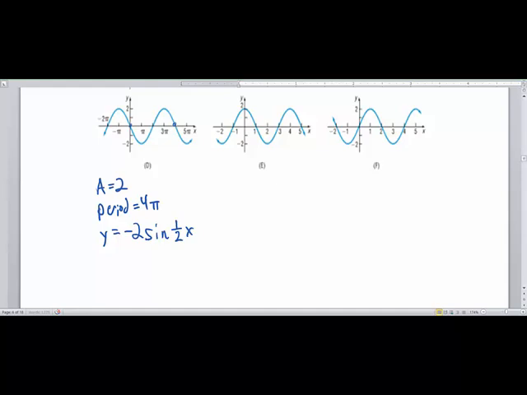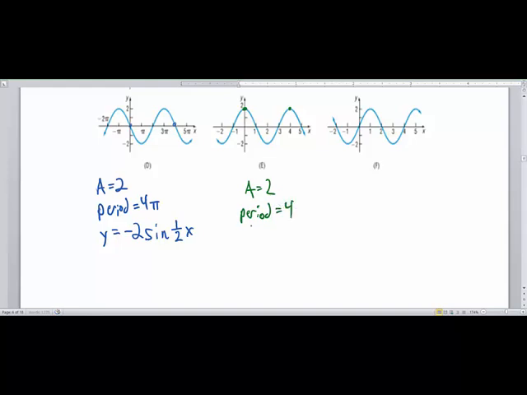Alright, now we're going to get to play with another different period here, because you'll notice instead of this amplitude being 2, seems like all of the amplitudes are 2 here, right? We now have a period that's exactly 4, which is a little odd, right?